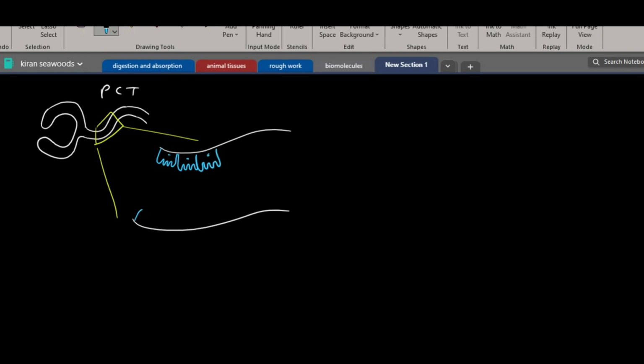So what does a microvilli suggest? That means these are going to perform absorption.